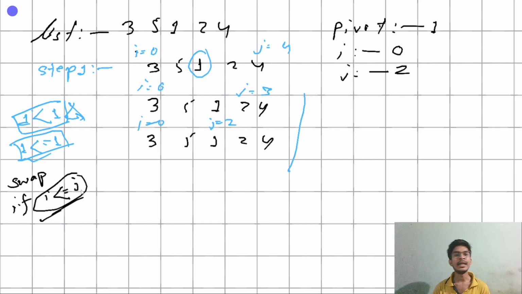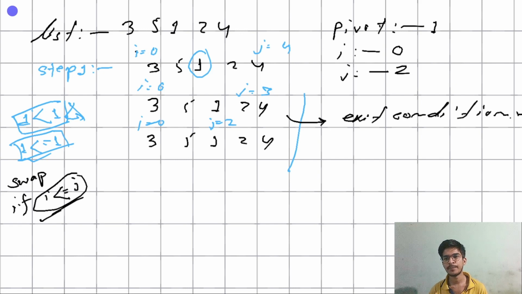Also, step 1 will continue to execute until the exit condition, where I is less than or equal to j. That is the exit condition.